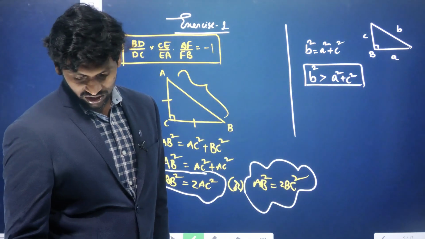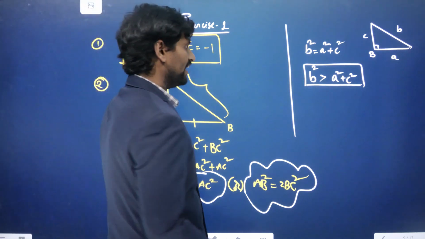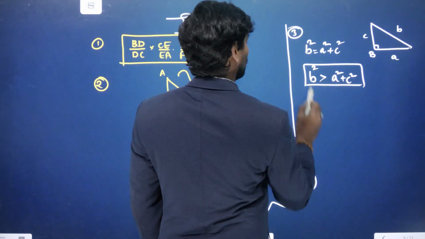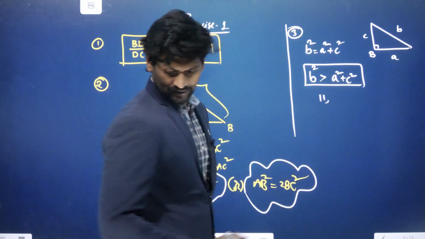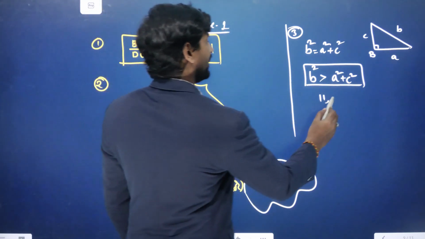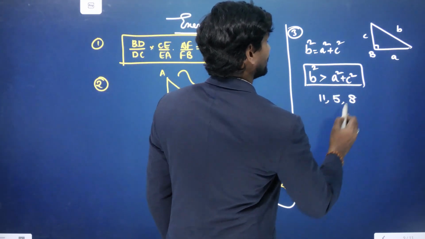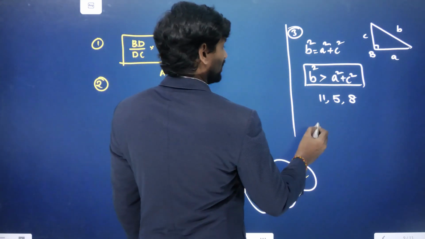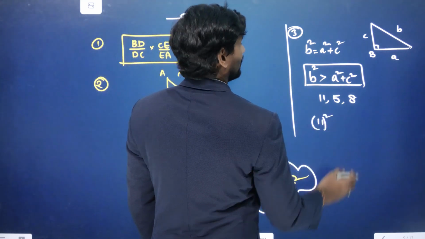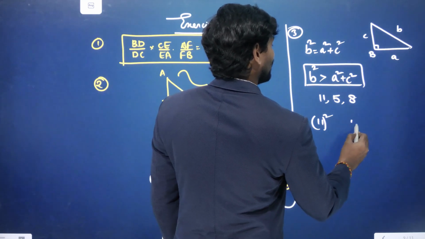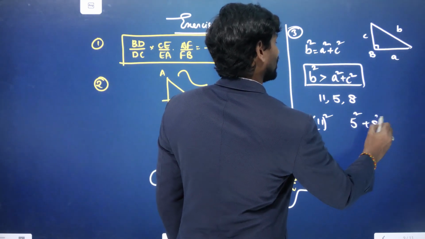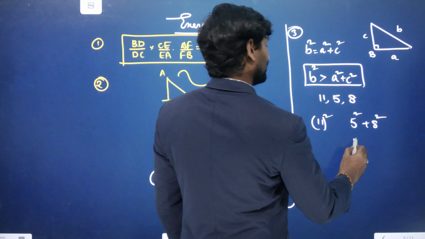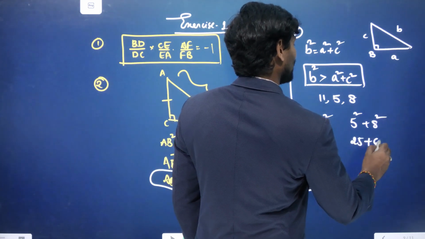Here the measurements are given: 11 centimeters, 5 centimeters, 8 centimeters. We find 11 square, and 5 square plus 8 square. 5 square is 25 and 8 square is 64.